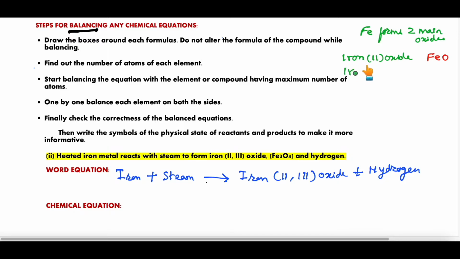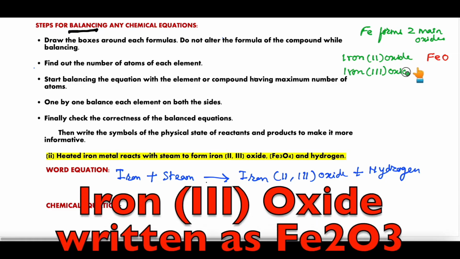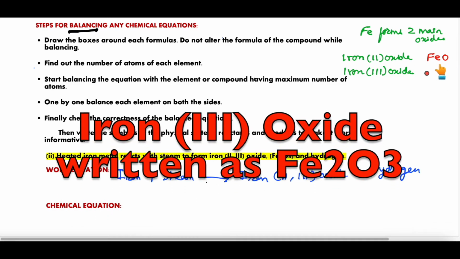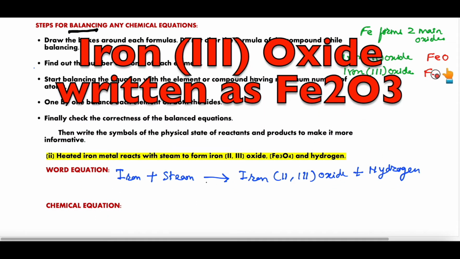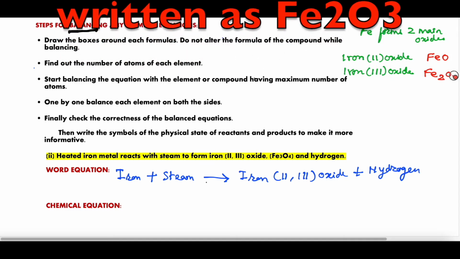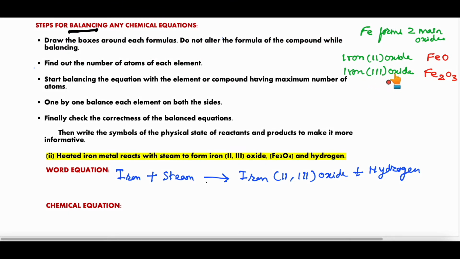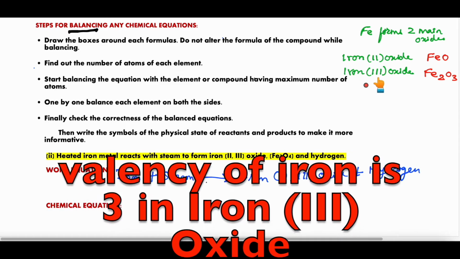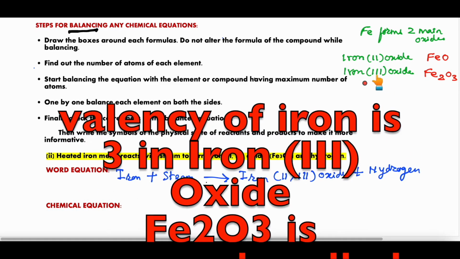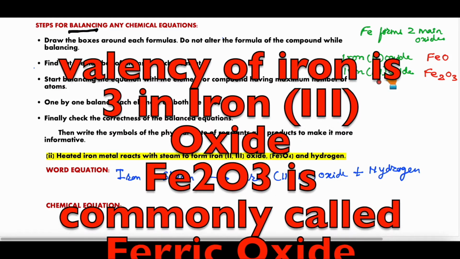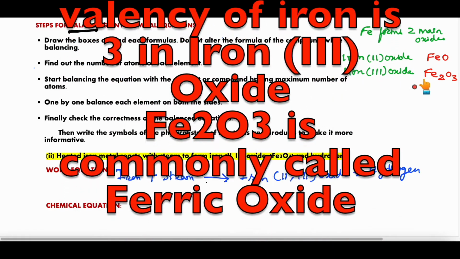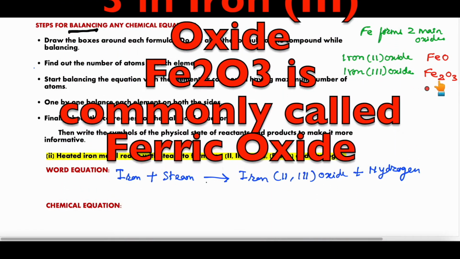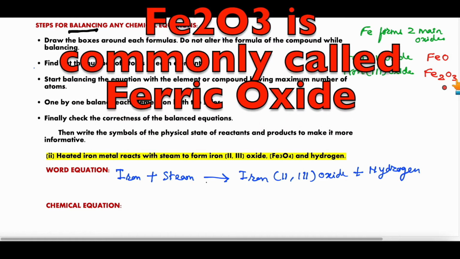And the other oxide is iron 3 oxide, which is written as Fe2O3. This is called iron 3 oxide because the valency of iron in it is 3. And the common name of iron 3 oxide, Fe2O3, is ferric oxide.